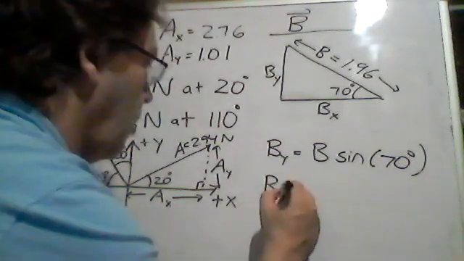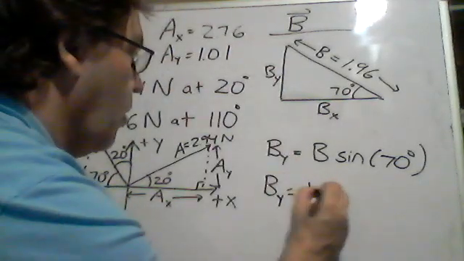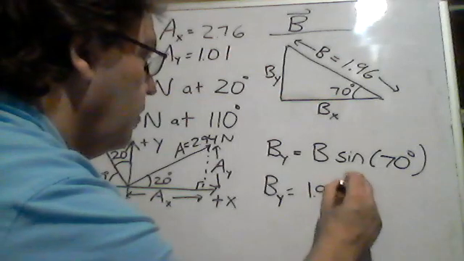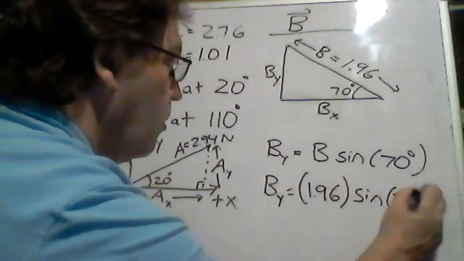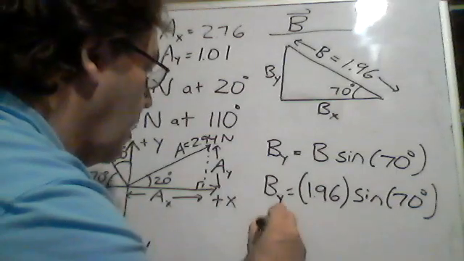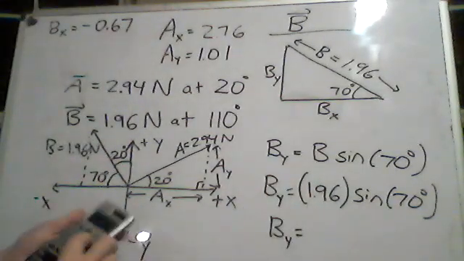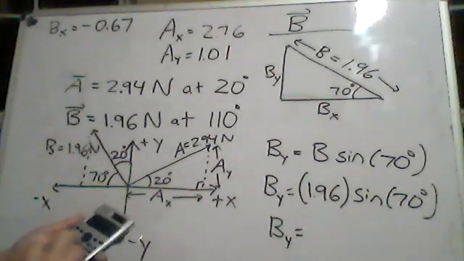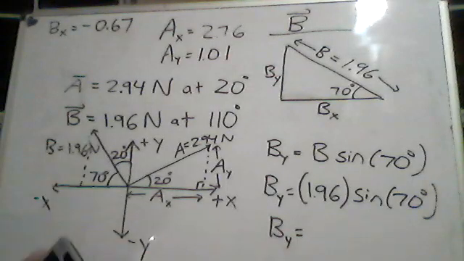All right, so b sub y is 1.96 times the sine of 70. Put that in your calculator. You get about 0.9396, blah, blah, blah.